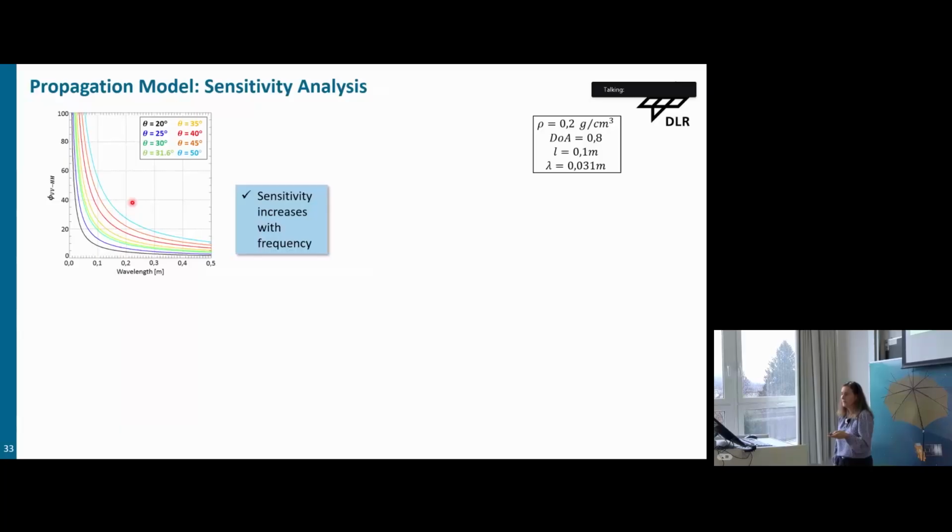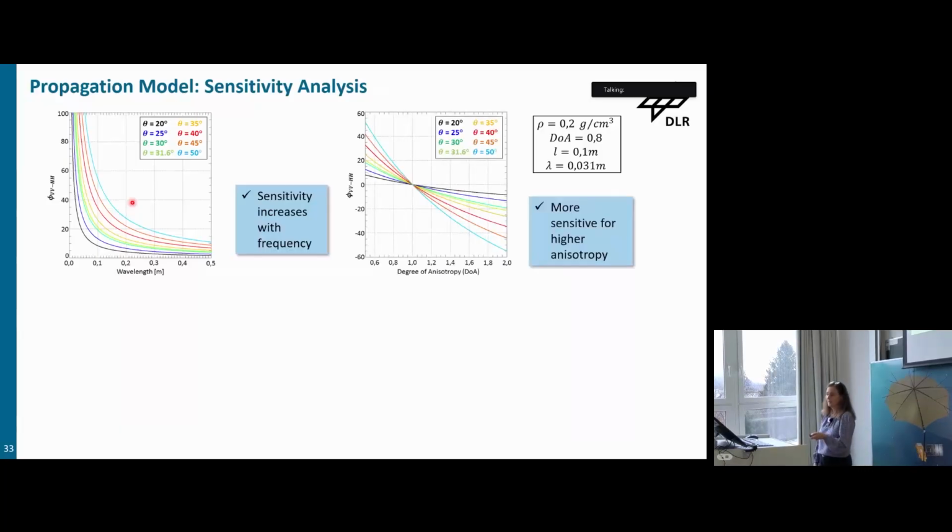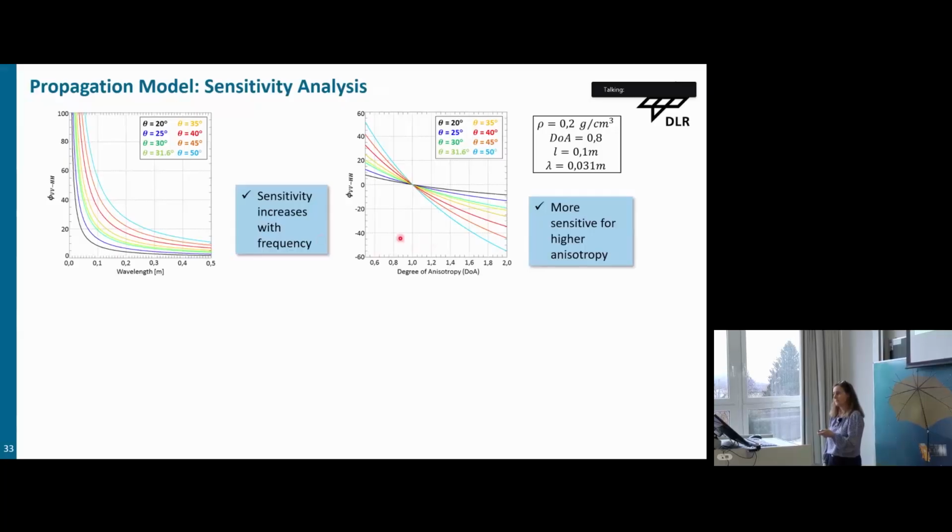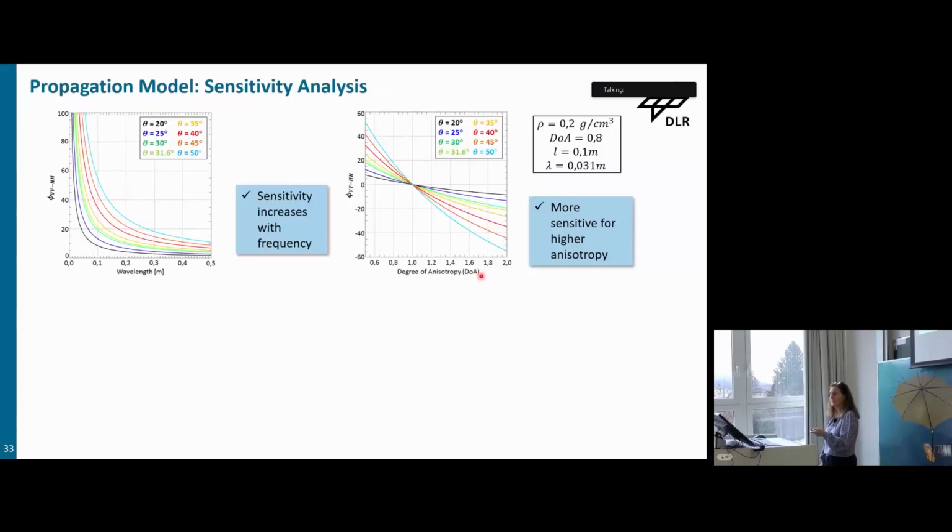You can also look at what happens when you change the degree of anisotropy, which is the orientation and the shape of your crystal. Here it means that you are more sensitive for higher anisotropies, because the curves are more separated in these areas.